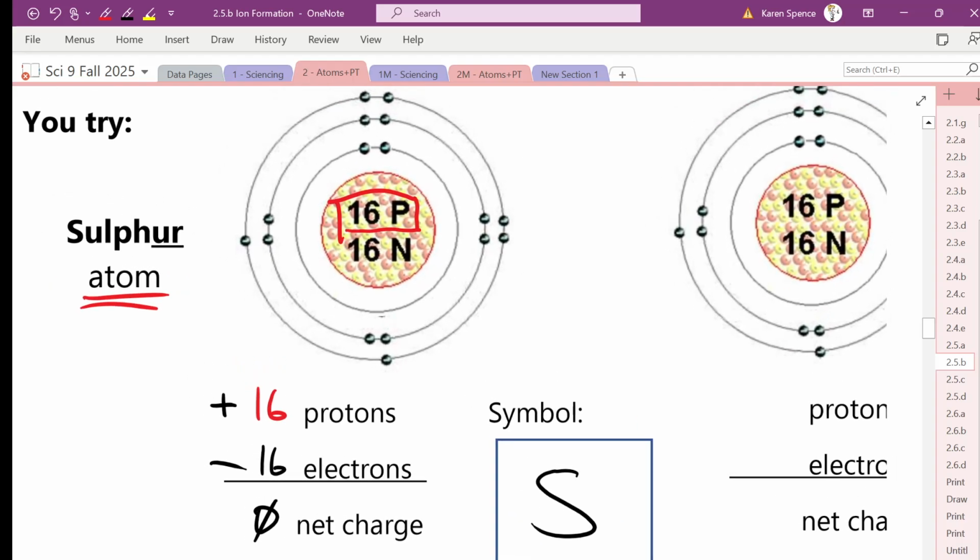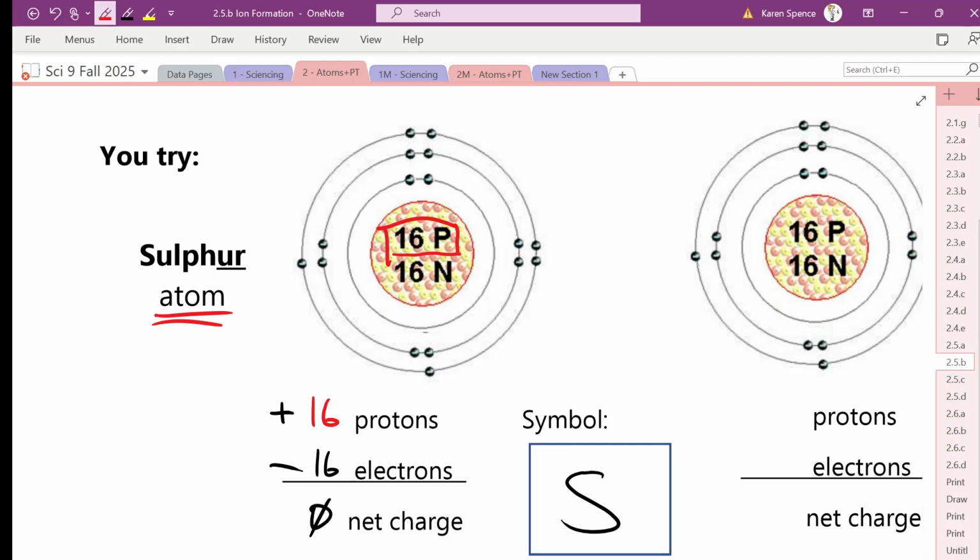Now, let's look at this sulfur. We have 1, 2, 3. Remember, you go around like a clock. 4, 5, 6. Then you only double up when you have to. 7, 8, 9, 10.